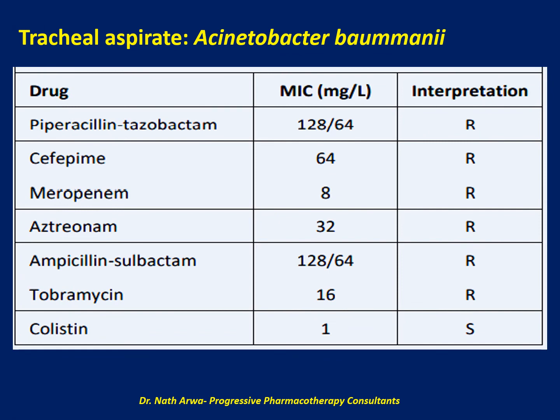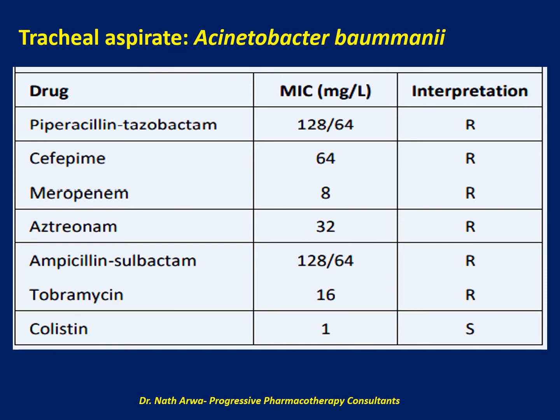And the tracheal aspirate grows Acinetobacter that is resistant to piperacillin-tazobactam, resistant to cefepime, resistant to meropenem, resistant to azithromycin, resistant to amikacin, sulbactam, and piperacillin, resistant to tobramycin, and only susceptible to colistin with an MIC of 1.